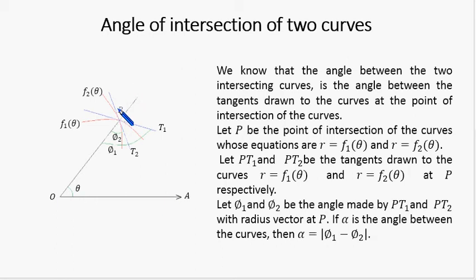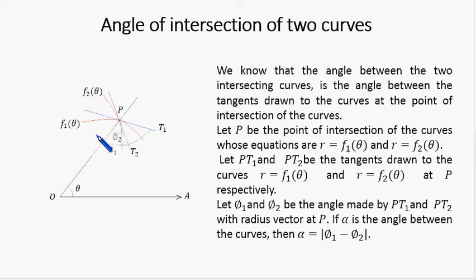Joining the intersection point P to O, the angle POA is theta. Now take the first curve, f1 of theta, and draw the tangent PT1, which makes an angle phi1 with OP. For the next curve, f2 of theta, we take the tangent PT2, and that angle is phi2.